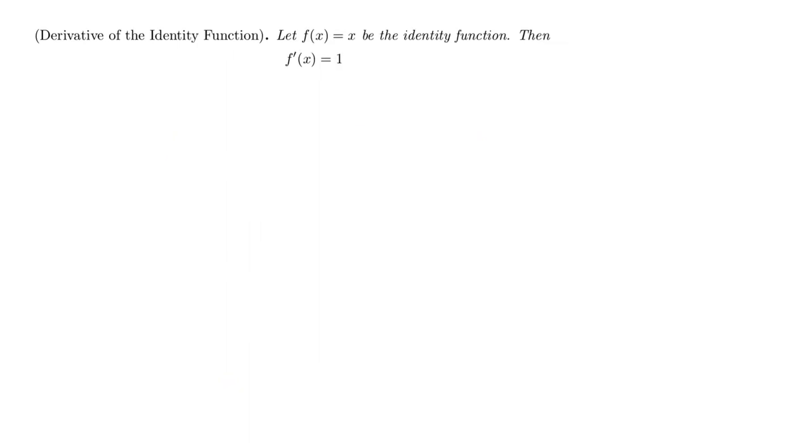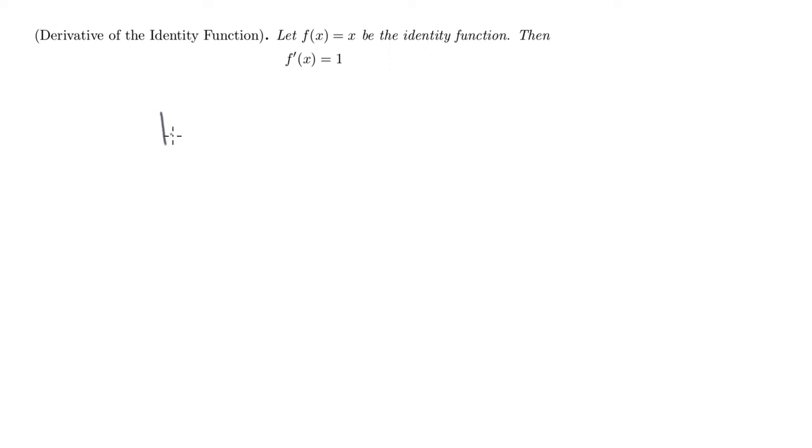All right, so let's try to tackle the identity function. f of x is equal to x. Again, geometrically, we can think that the graph of this function is just the line y equals x, which has a slope of 1, so it should not be surprising that the derivative is 1 for all x. But let's see why that's true using the definition of the derivative.